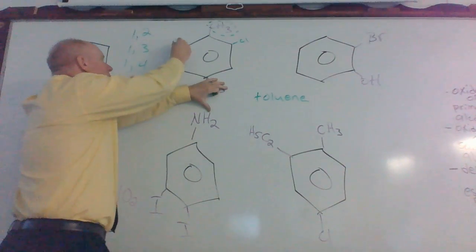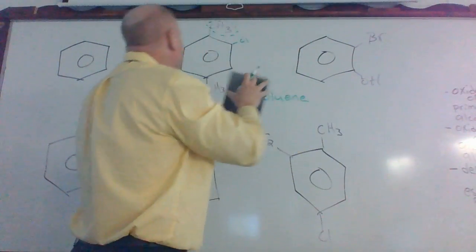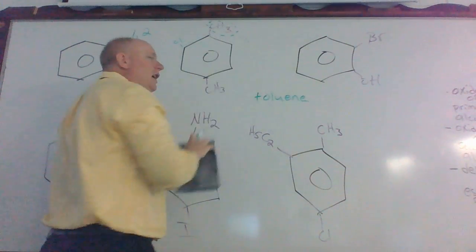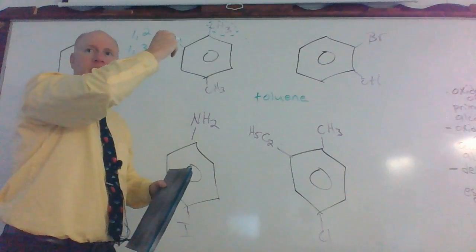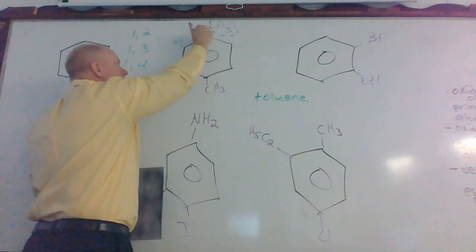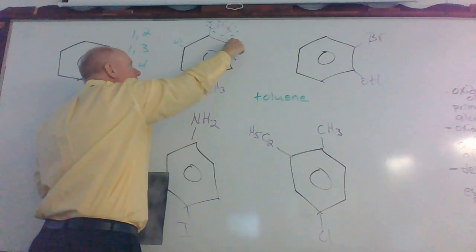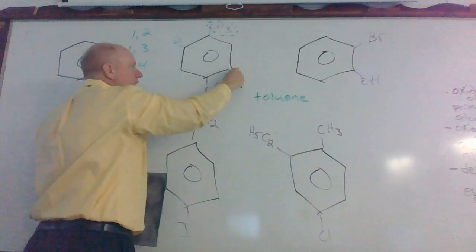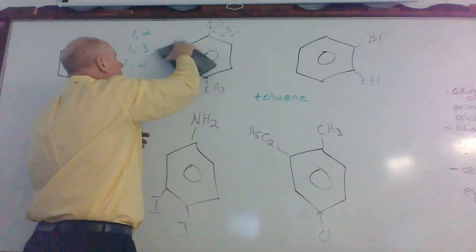Yeah, it could also be over here. That could also be number 2, okay? Because remember, when we name these, sometimes they go clockwise, sometimes they go counterclockwise. So the 2 position, if this one's 1, that can be 2 or that can be 2. If this is number 1, 3 can be down there, or it could be over on that side.